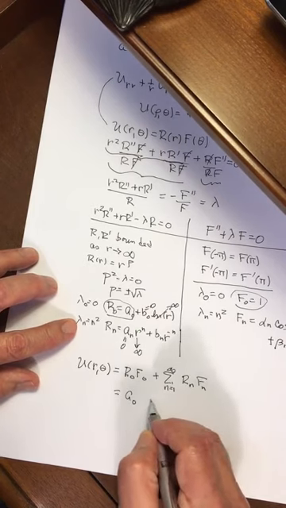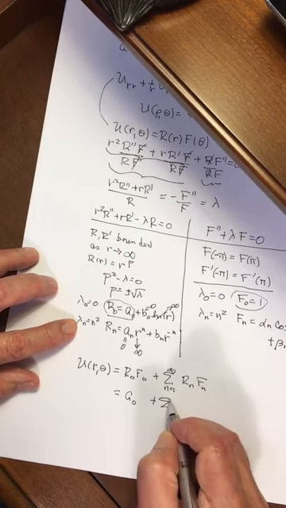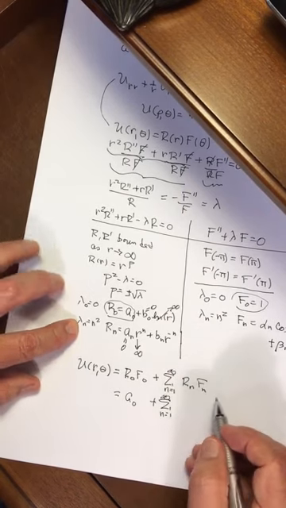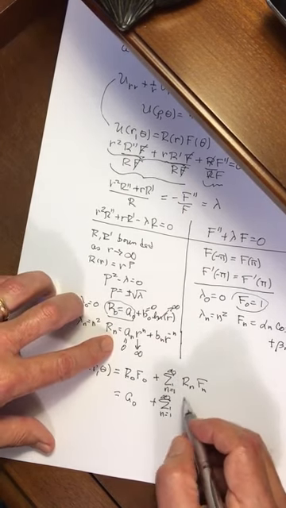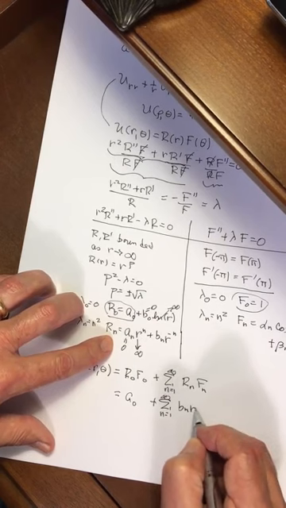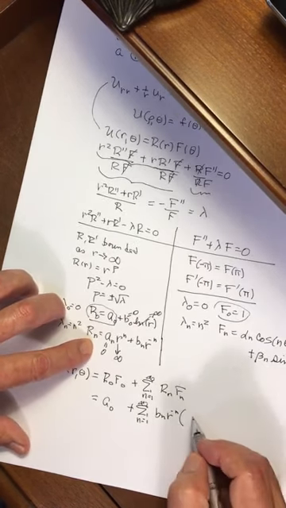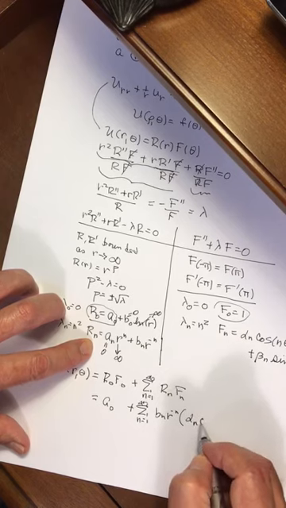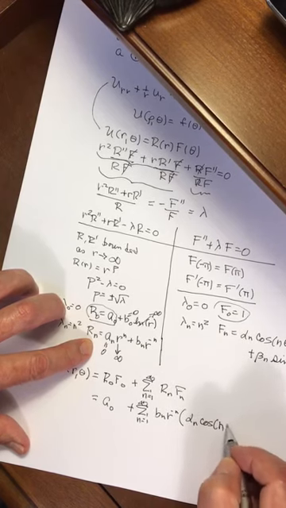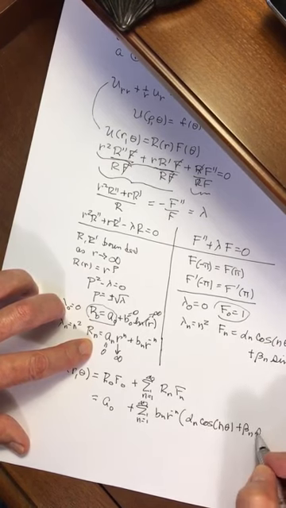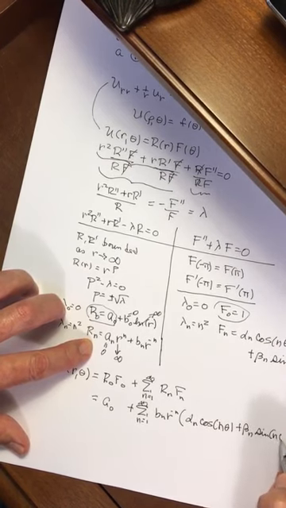And then plus our summation starting at n equals 1 to infinity. So we'll have b sub n r to the minus n from the r equation, and then from the theta equation we have alpha sub n cosine n theta plus beta sub n sine n theta.